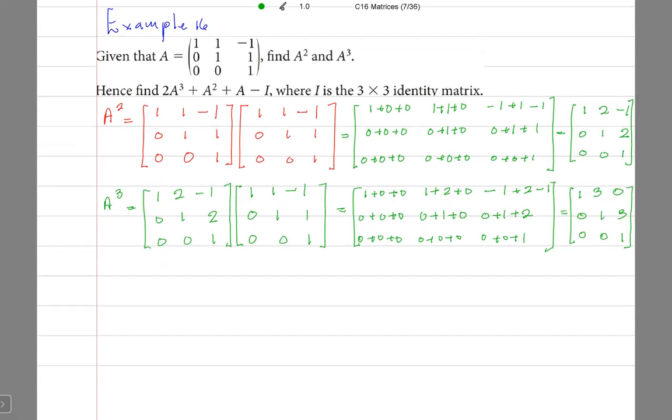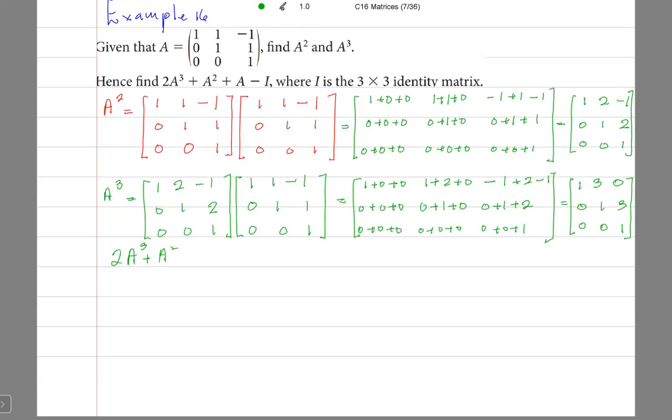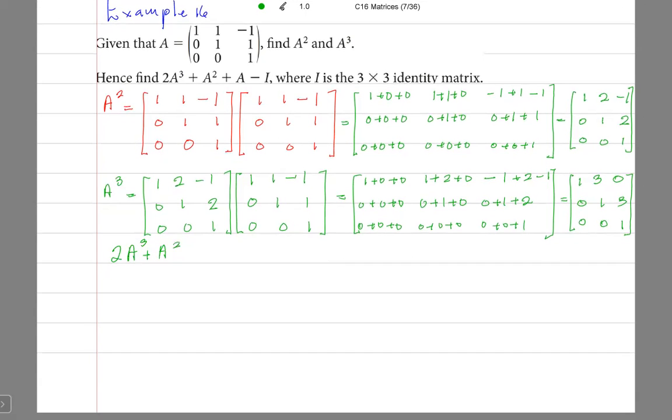So the last thing now for us to do is to find 2A cube plus A squared plus A minus I. All right, so we're going to multiply the matrix A cube by 2.